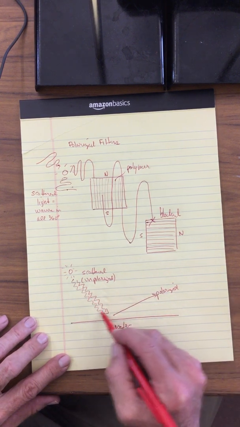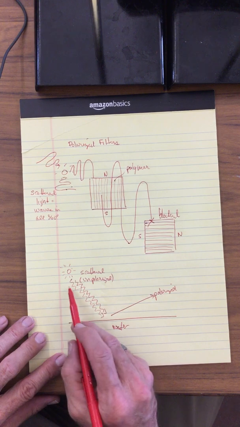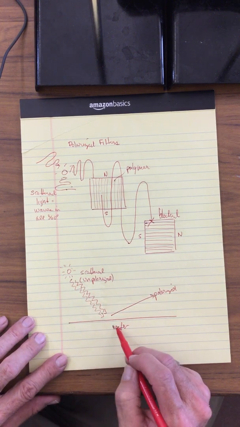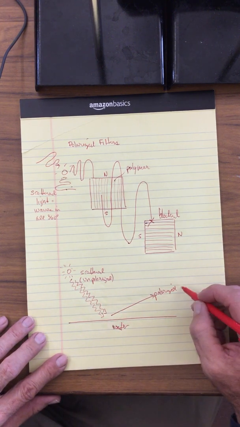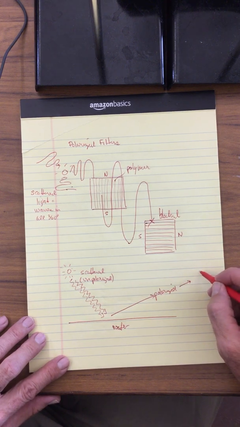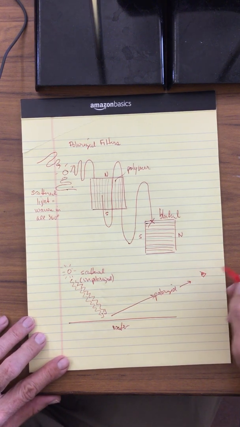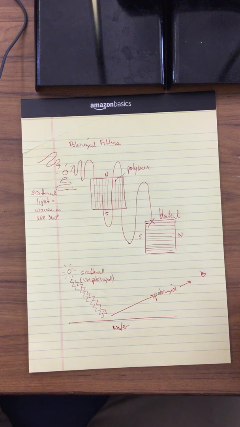So the sunlight's coming from the sun in the scattered version, hits the water, and when it reflects back to your eye, here's your eye over here, your eye is going to have polarized light come to it.